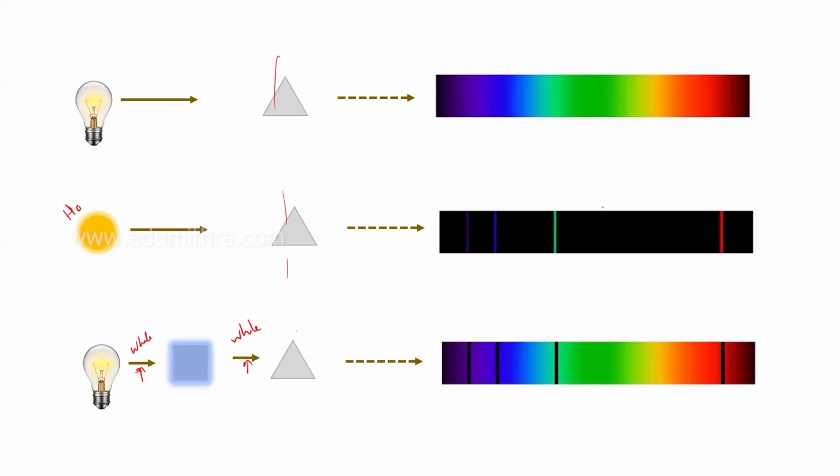This is some hot gas. A globe full of hot gas is taken, and when the light is sent through, a hot gas will give you certain lines like this. When the light is passed through a cold gas, it will give you some missing lines. That is two kinds of spectrum. Okay, sir. Thank you, sir.